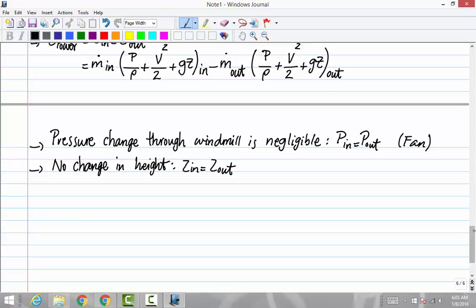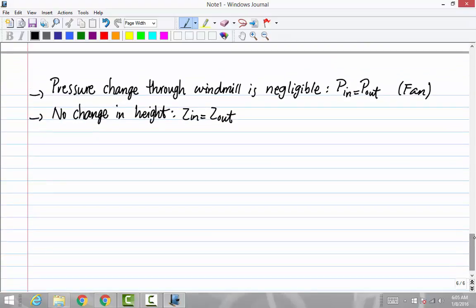Now we can apply these assumptions in our equation, and also let me recall that mass is conserved, so m dot in equals m dot out. Therefore, so power.